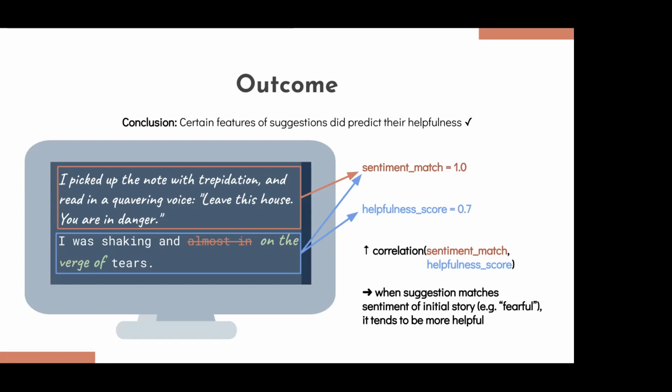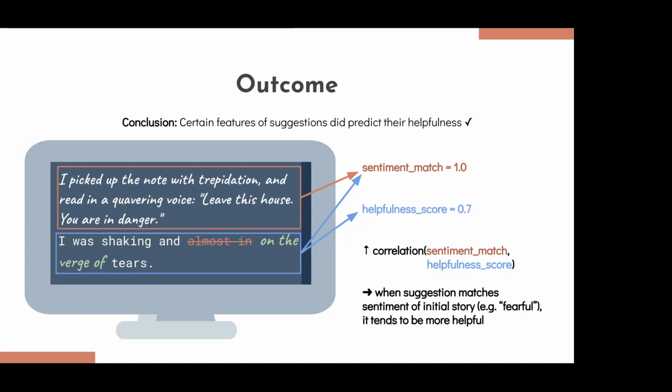And along with that, the degree of helpfulness of the suggestion was high because the writer decided to retain several of the tokens in the original suggestion, several of the words. They removed one part of a few words from it and then added on the verge of here.